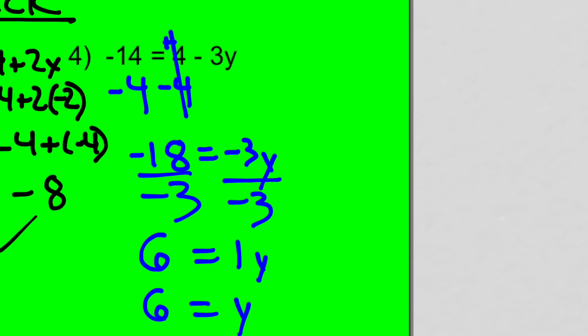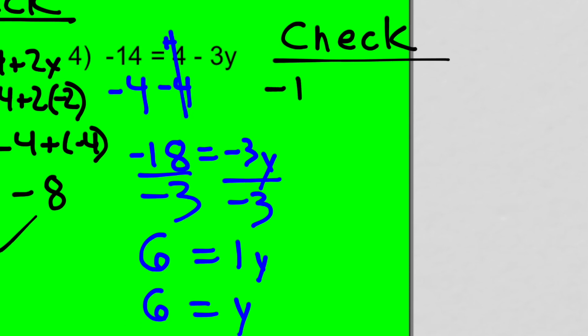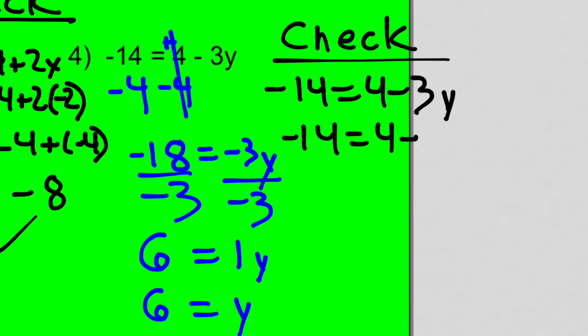Now the check. I'll write down the original equation. Negative 14 equals 4 minus 3y. Negative 14 equals 4 minus 3 times 6.